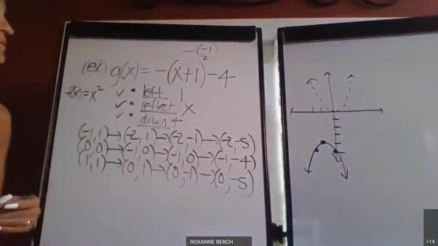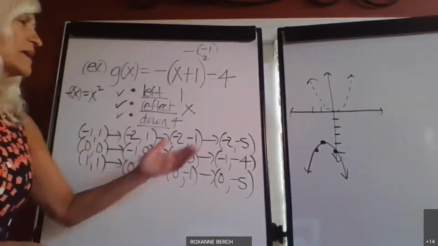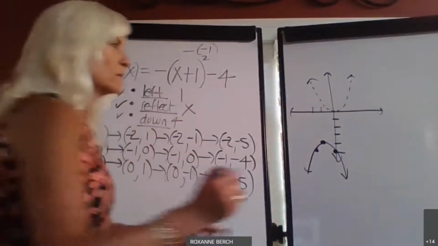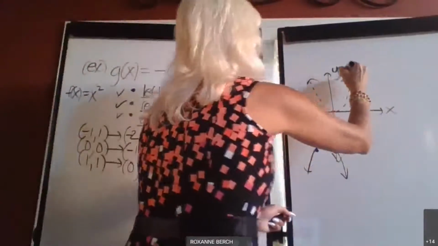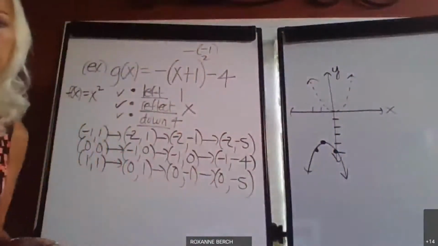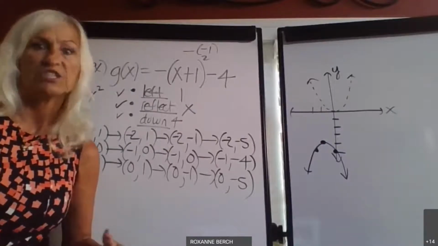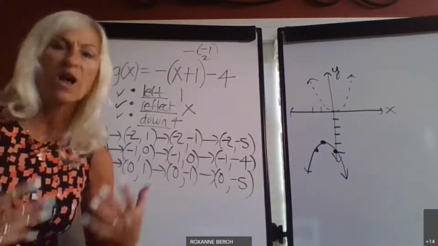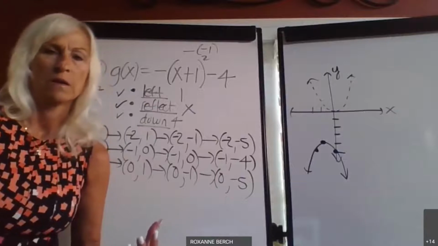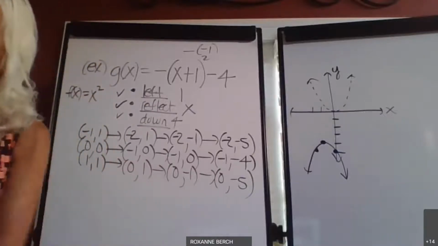Does it look like the parent was shifted left? Does it look like it was reflected over the X and moved down? Yes or no? Yes. So we have a high level of confidence we did it right. So you want to have confidence we did it right.